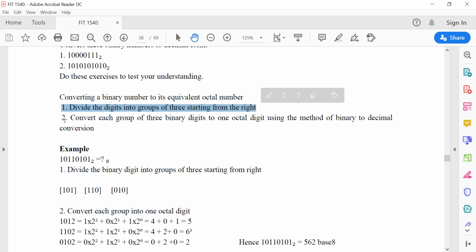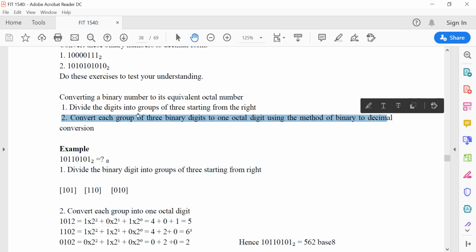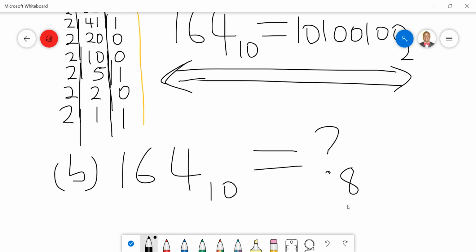Then secondly, convert each group of 3 binary digits to 1 octal digit using the method of binary to decimal conversion. So now let's go to our question.